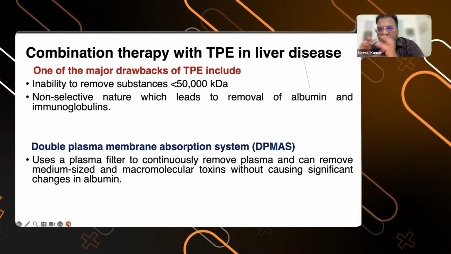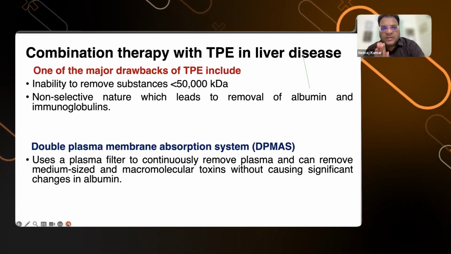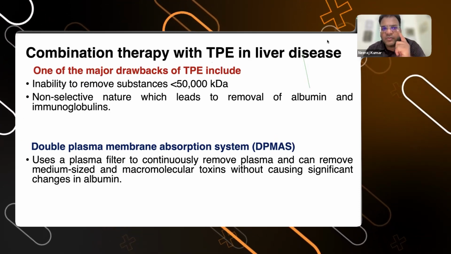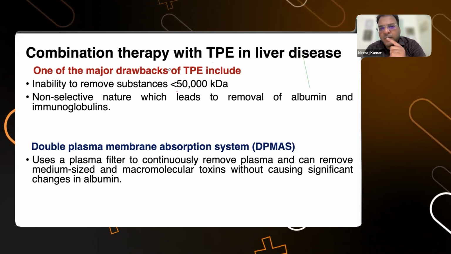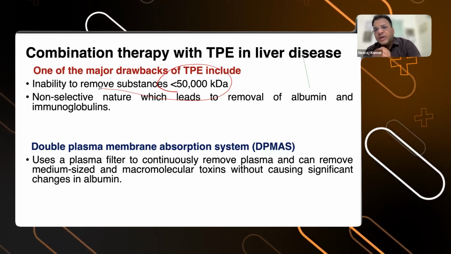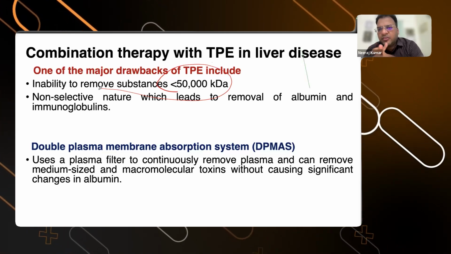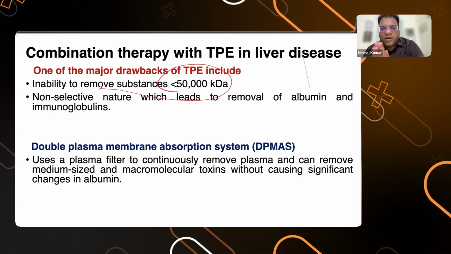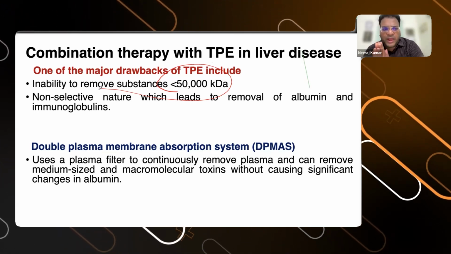Okay, now if you are going to combine this therapy with TPE, especially in patients with liver disease, one of the major drawbacks is that it will not be able to remove substances which are less than 50,000 daltons, and it is non-selective in nature, so it removes albumin.